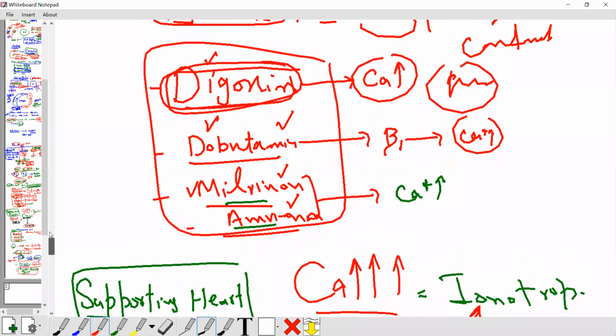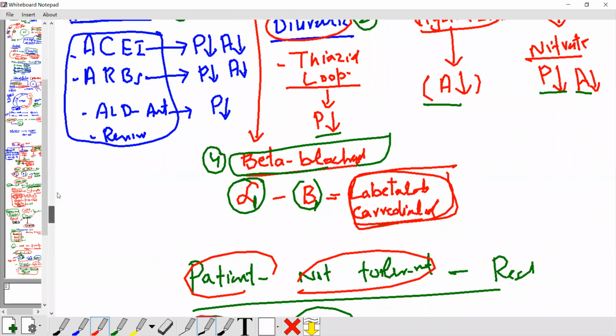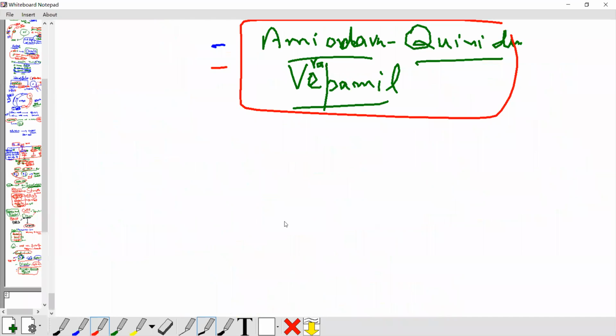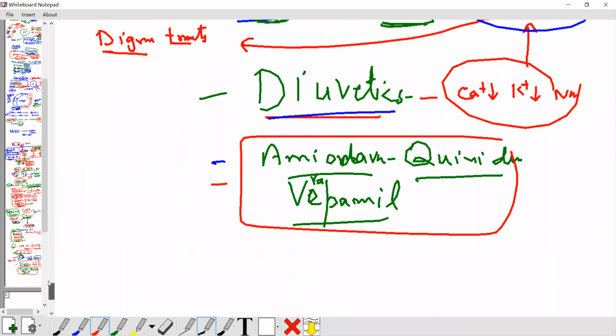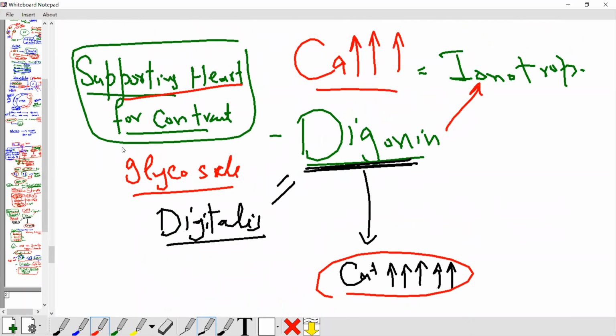What was the fifth group we use last? In addition to these drugs, when this therapy fails, decrease preload, decrease afterload, when this principle fails, then you must go for inotropics, to support the heart for contraction.